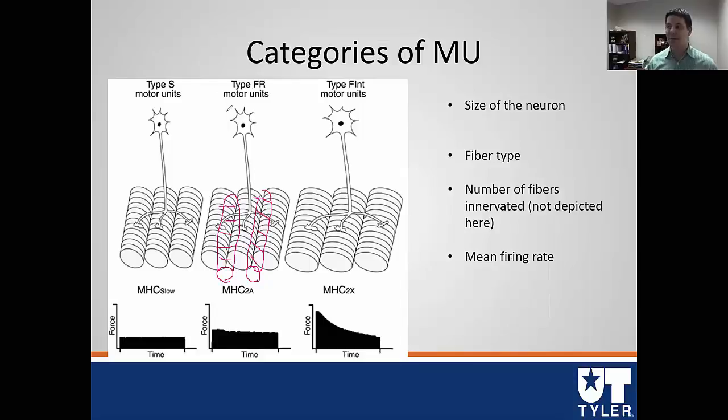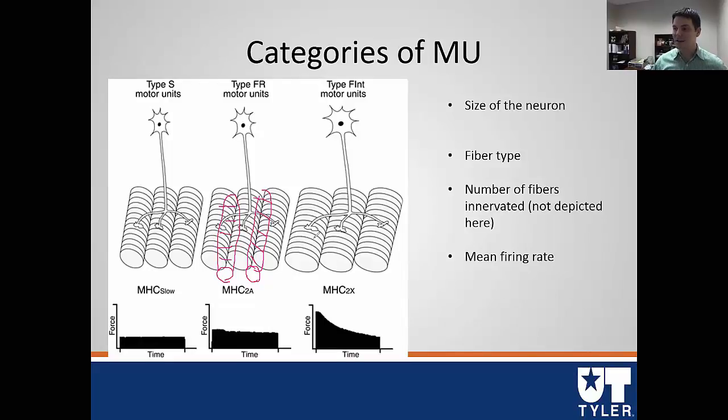As we get bigger, the type 2 motor units are going to innervate more fibers. In this example, we'll have 3 muscle fibers innervated by this motor unit, and here 5 muscle fibers. I'll say those are just made up numbers, and indeed those are actually much larger numbers.